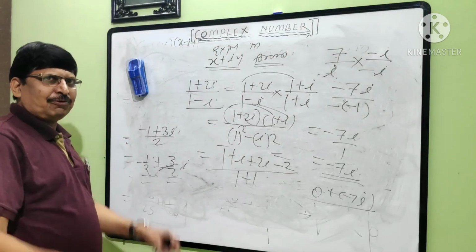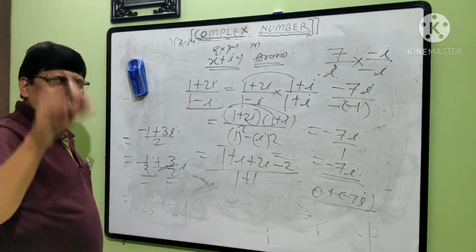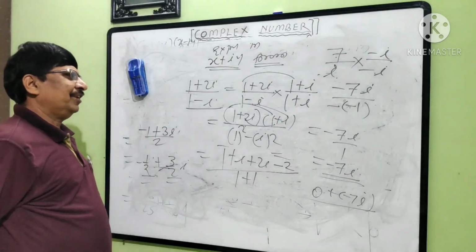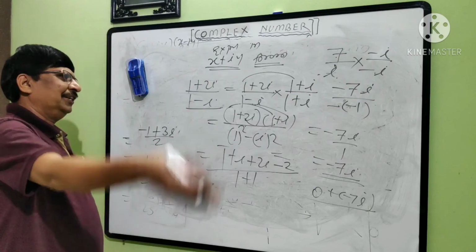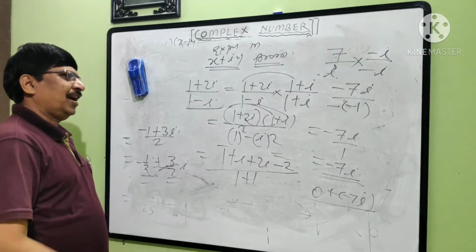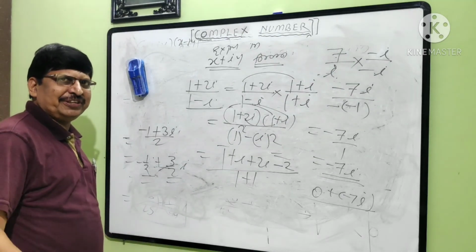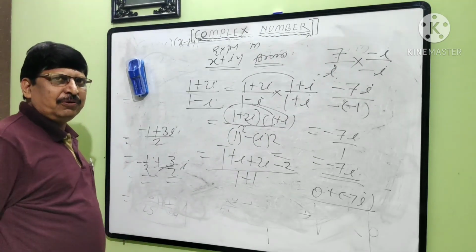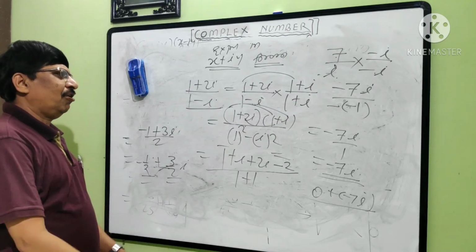Means in this part you have seen what is the meaning of a complex number. What is i? It means square root of minus 1. From that you can find the value of i raised to any positive integer: i raised to 1, i raised to 2, i cube. Then you have seen the meaning of the complex conjugate. Then how addition and multiplication can be done, that also you have observed.